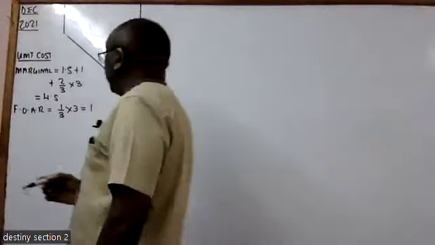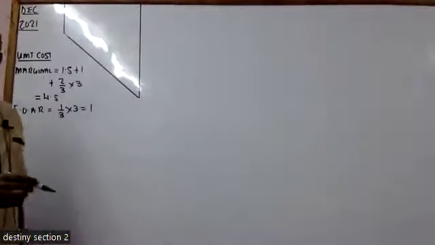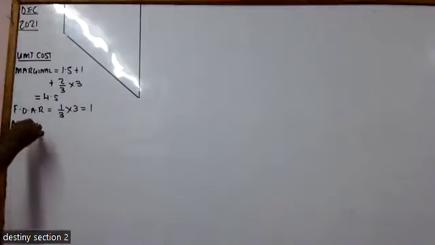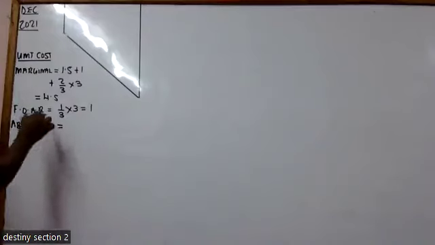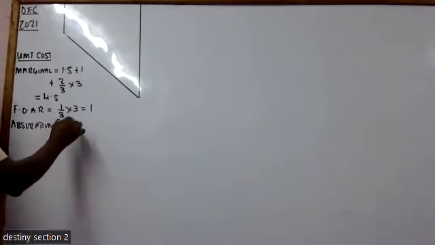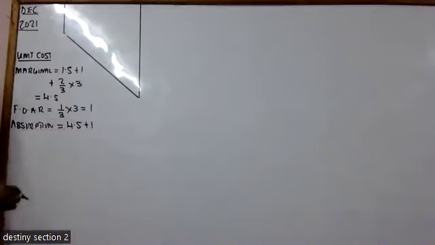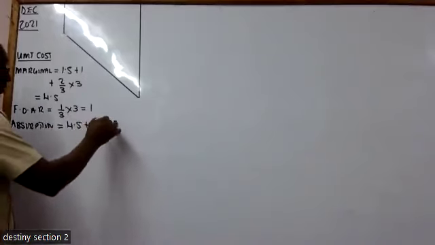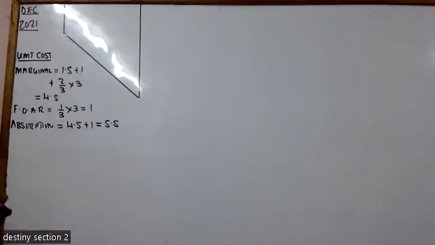After we have gotten that, we get the absorption cost. Absorption, we said, is the variable 4.5, you add the fixed 1, so that will be 5.5.